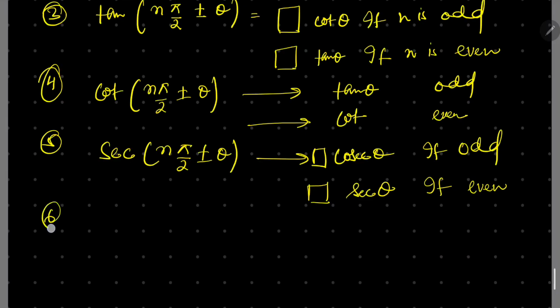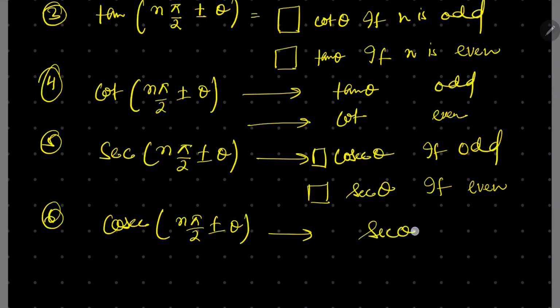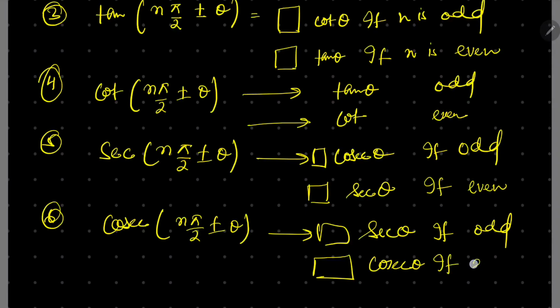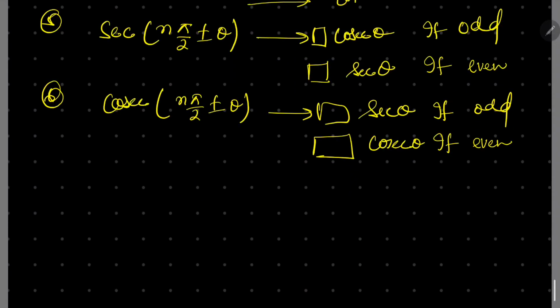And similarly for cosec, this becomes sec theta if odd, and sign accordingly, and cosec theta will remain if even, again sign accordingly.